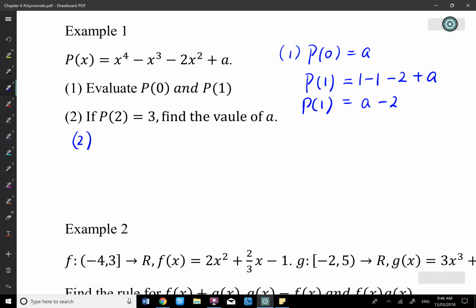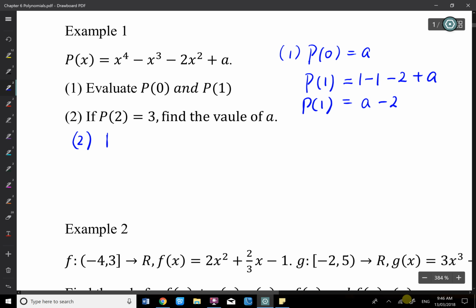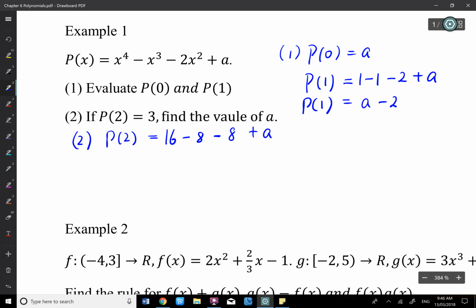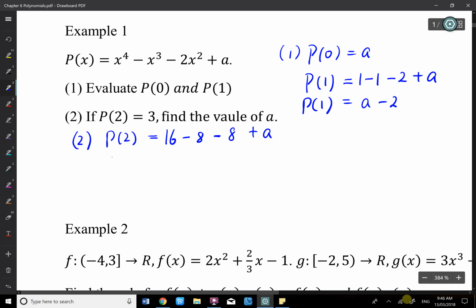Number 2 says P(2) equals 3. Let's have a look at what P(2) is first. P(2) equals 2 to the power 4, which is 16, minus 8, 2 to the power 3, and minus 2 times 2 squared, which is 4, and you minus 8 again, and plus A. So P(2) is just equal to A. And P(2) equals 3 as well, because that's given.